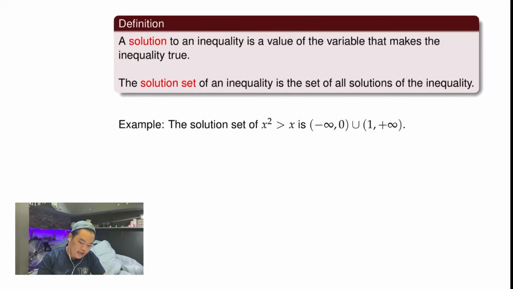So, for example, x squared plus x. So, kapag pinlug in mo kunyari x equal to 2, 2 squared, is it greater than 2? So, the answer is yes. So, meaning x equal to 2 is a solution to the inequality. Kapag inipon mo yung mga solutions niya, you will get this.